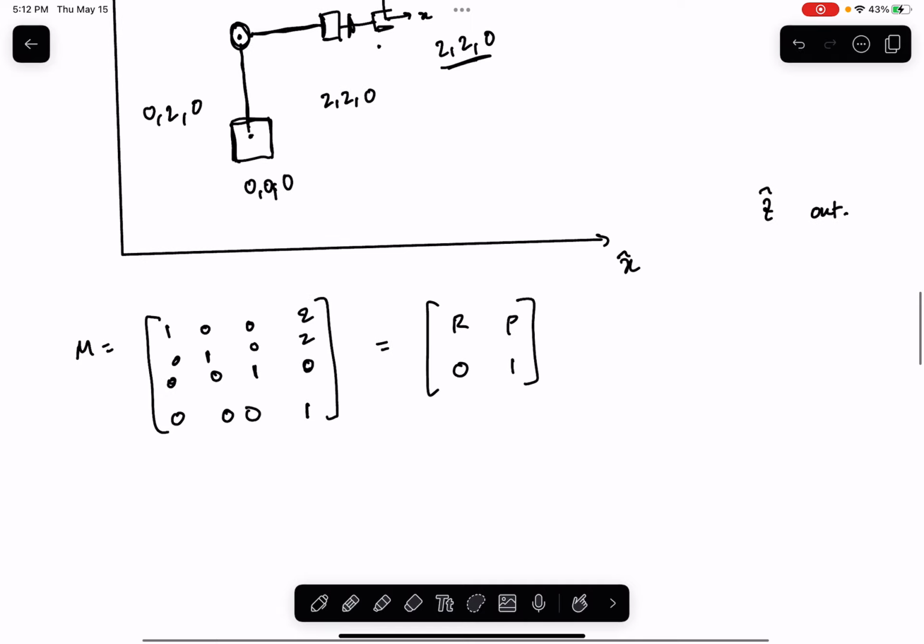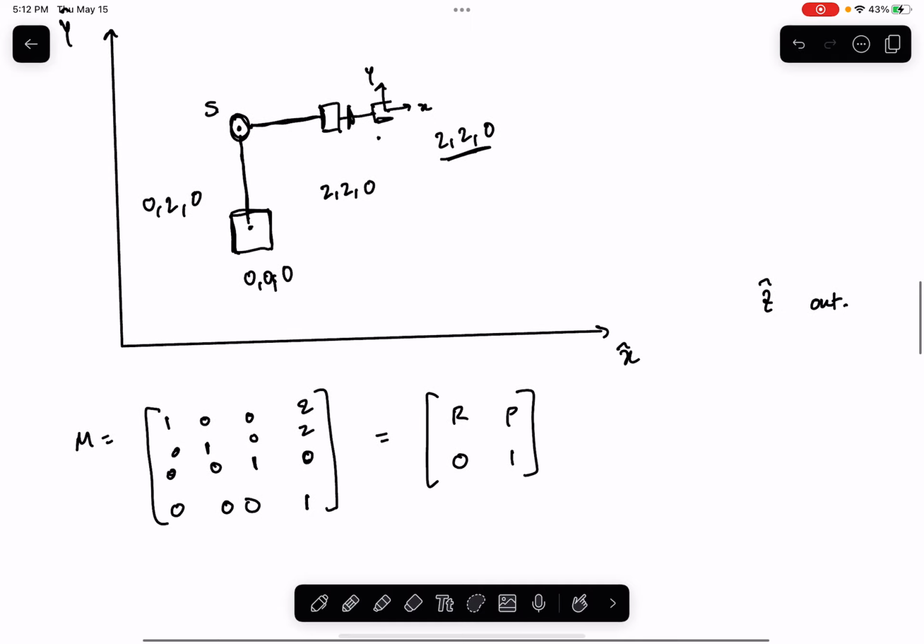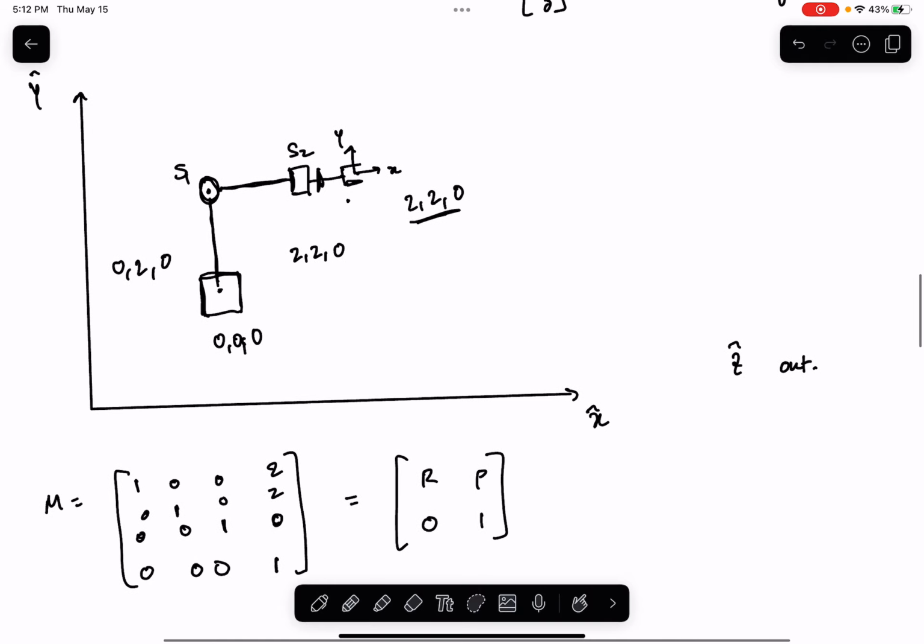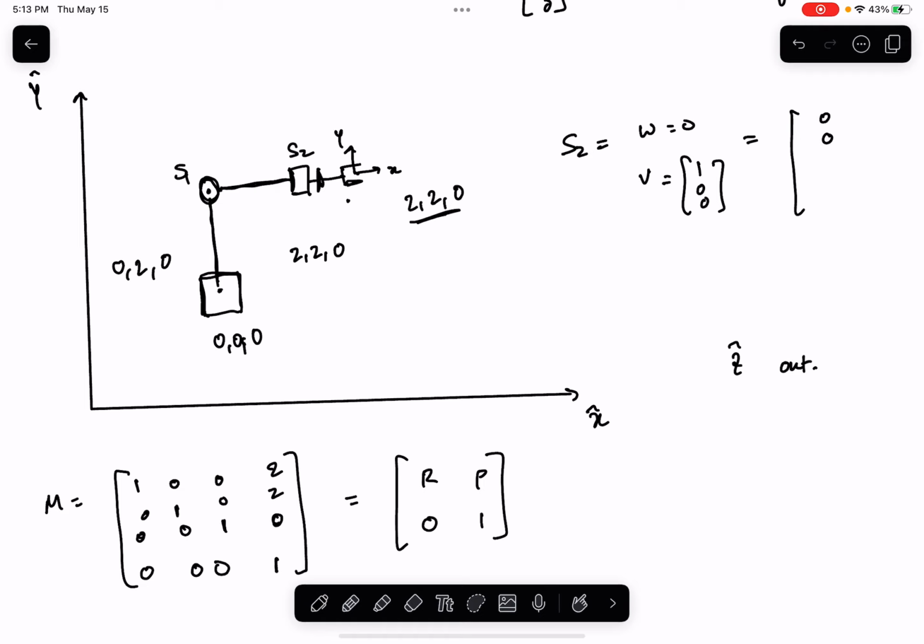And now we have to calculate, let this be S1, S2. Let's do S2 first because that's a lot easier. Since it's a prismatic joint, our omega equals 0 and our v is in the x direction, so that equals 1, 0, 0. So then that makes our S2 0, 0, 0, 1, 0, 0.